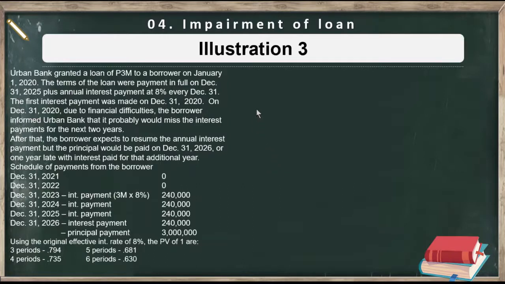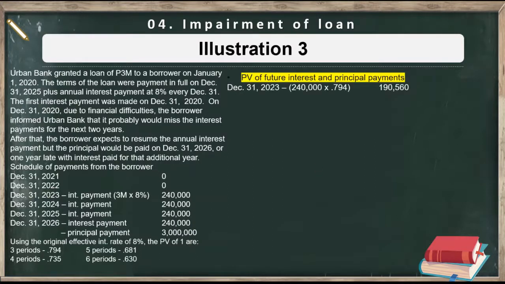So if the question is how much would be the present value of the future interest and principal, since there are periods with no interest payment, so we have an impairment loss. So what would be the present value? So we have on December 31, 2023, so that would be the first payment.